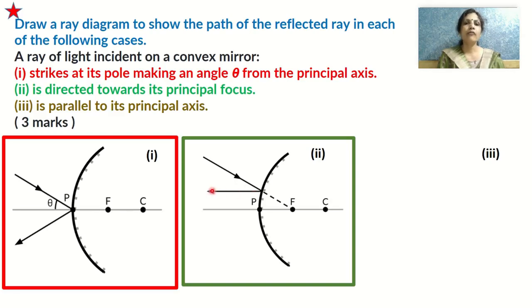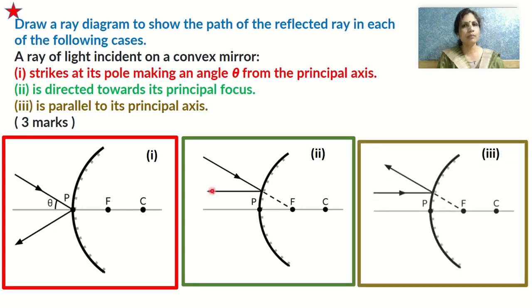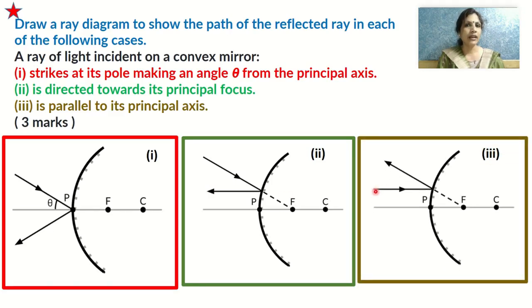Third is the ray of light is parallel to the principal axis. So when the ray of light is parallel to principal axis, after reflection it gets diverted in this manner, and if you extend this reflected ray, it appears as if it is coming out from the focus F. So these are actually the three rules which we have to follow when we draw a ray diagram related with convex mirror, and that is what is asked in terms of the question.